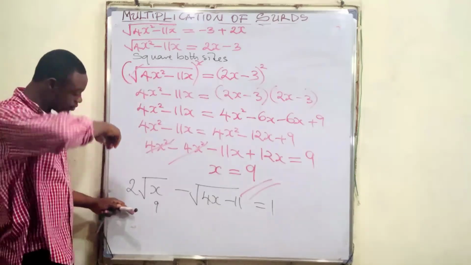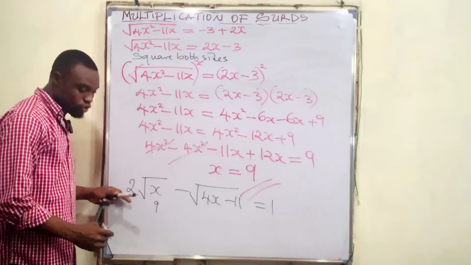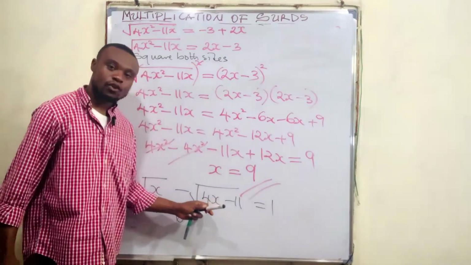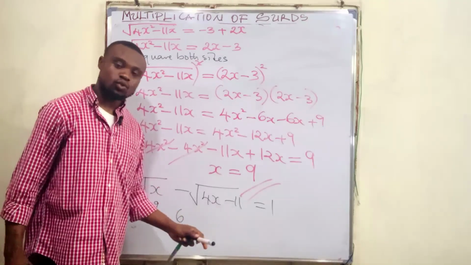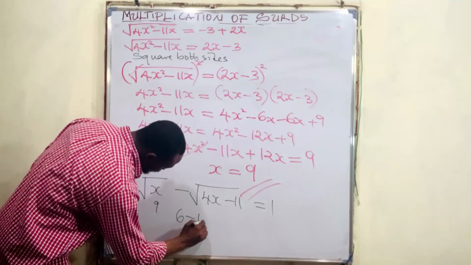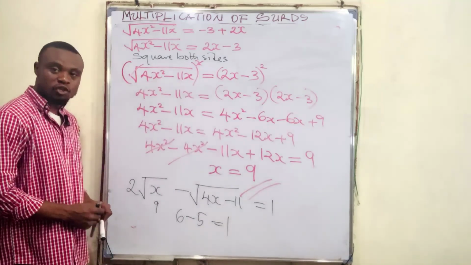The root of 9 is 3. 3 times 2 is 6. So that means we have 6 here. Now, 9 times 4 is 36. 36 minus 11 is 25. The root of 25 is 5. So this is just like saying 6 minus 5, which is equal to 1. Thank you for watching.